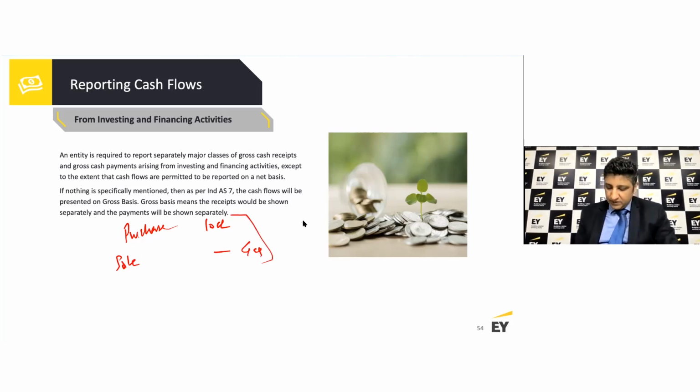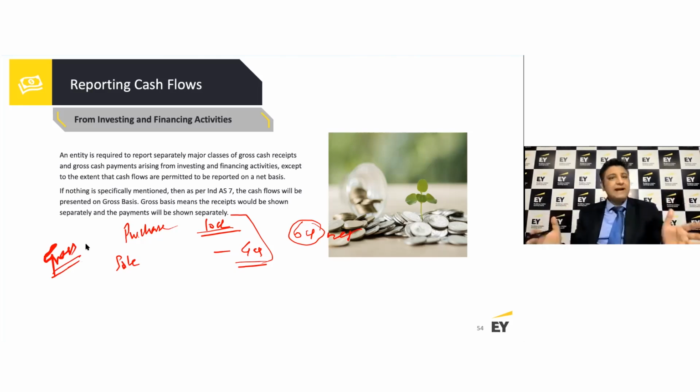Should I report this at 6 crores net, or should I have two different sets of activities coming in? Very importantly, the standard always says report these separately to reflect the true flow of money coming and going.